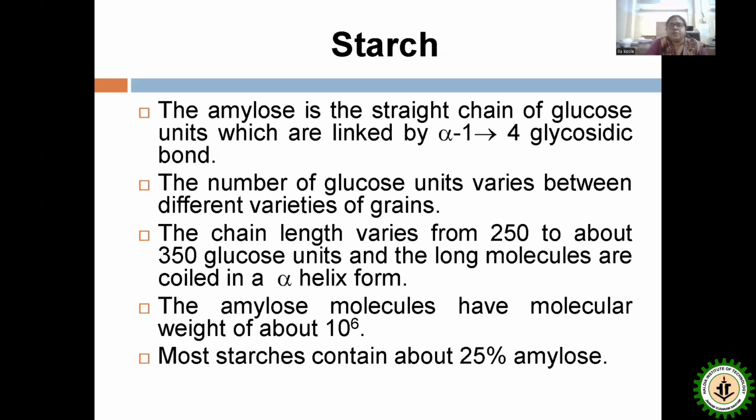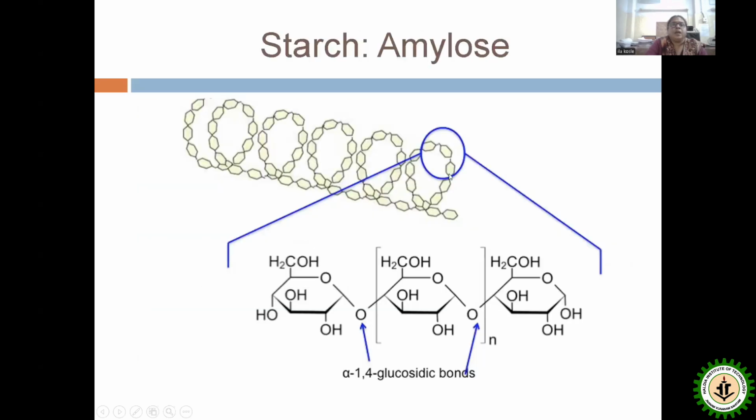The amylose molecules have molecular weight approximately in the range of 10 to the power 6, and almost all starches contain 25% of amylose. Now, this is a structural representation of the amylose molecule.